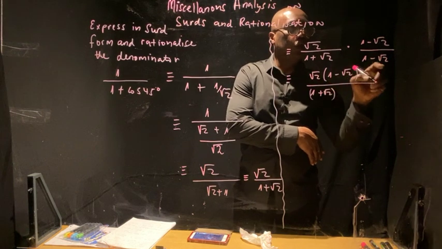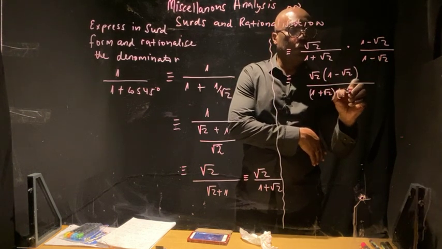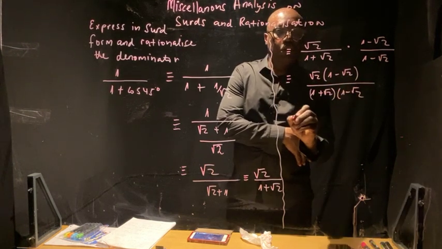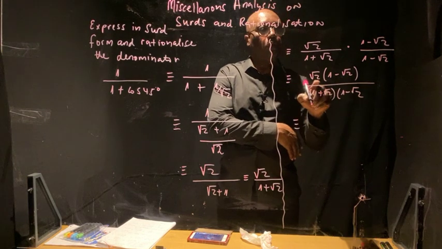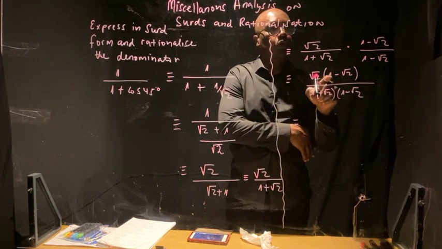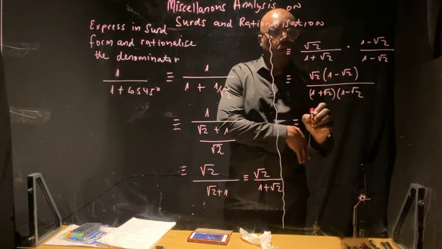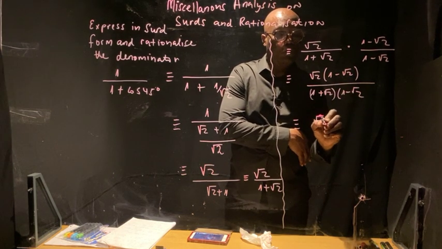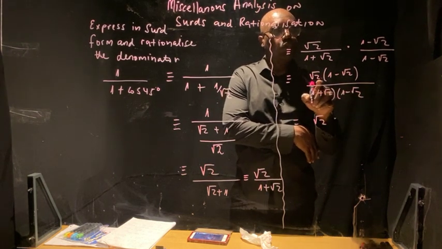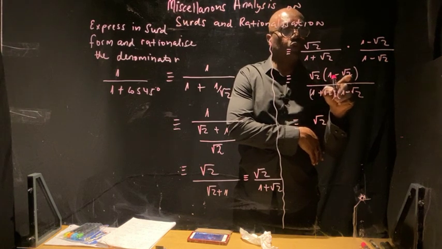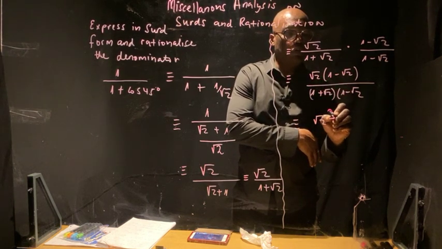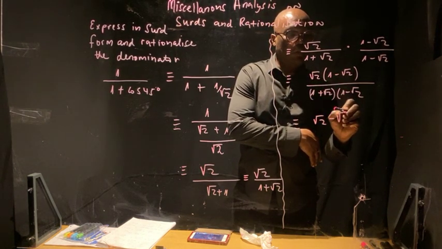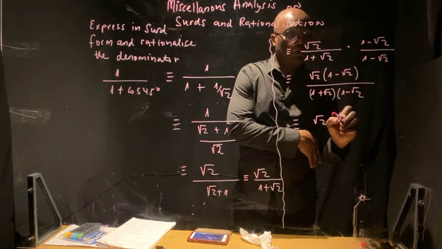being multiplied to 1 minus root 2, which is equals to root 2 multiplied to 1 is equals to root 2. Root 2 multiplied to minus root 2 is equals to minus root 2 times root 2.